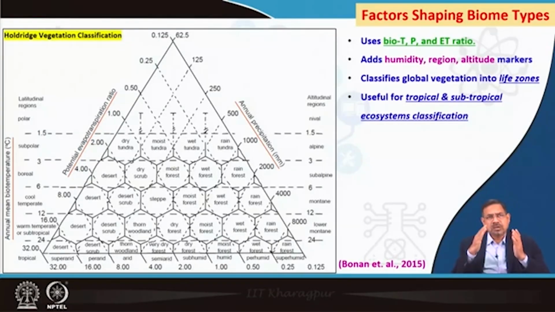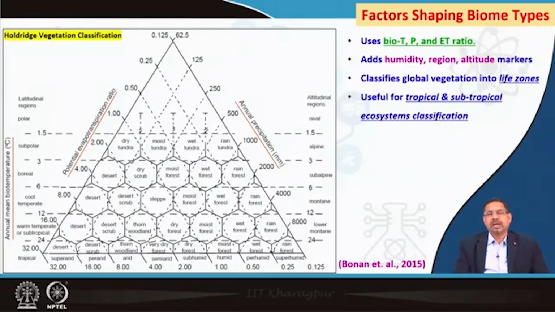So, it was very well put forth and given in the form of pictures and related variables by Holdridge, as a natural vegetation classification that integrates temperature, potential evapotranspiration, precipitation and also elevation, which is also corroborated with latitudinal variation.